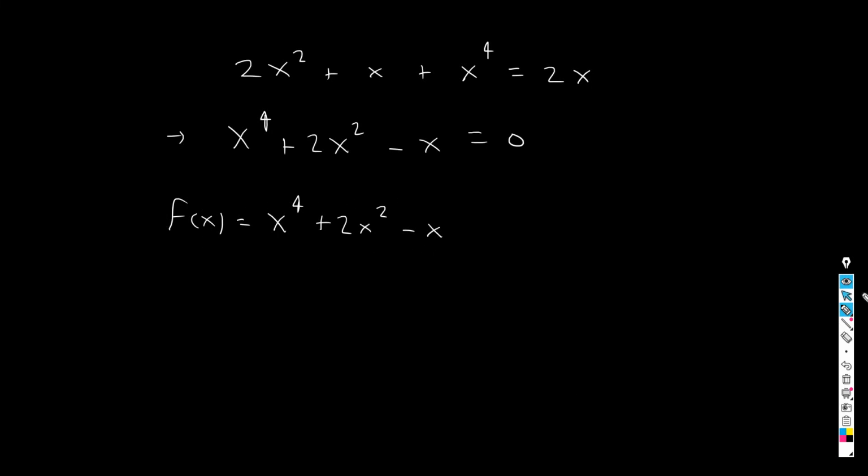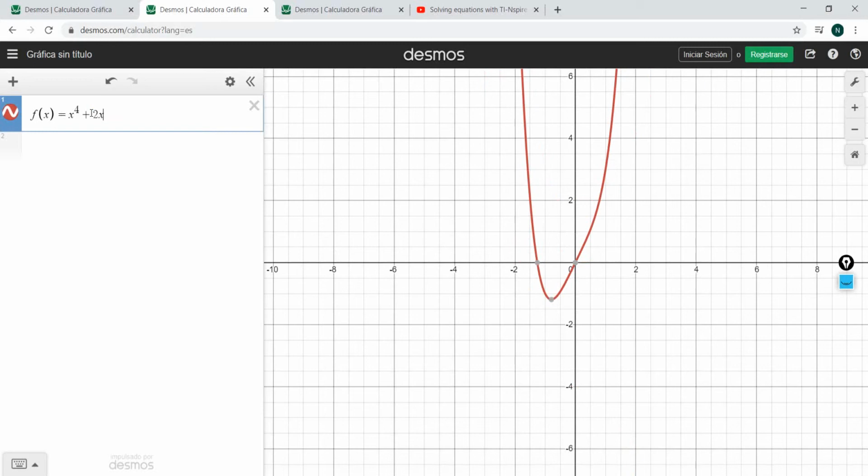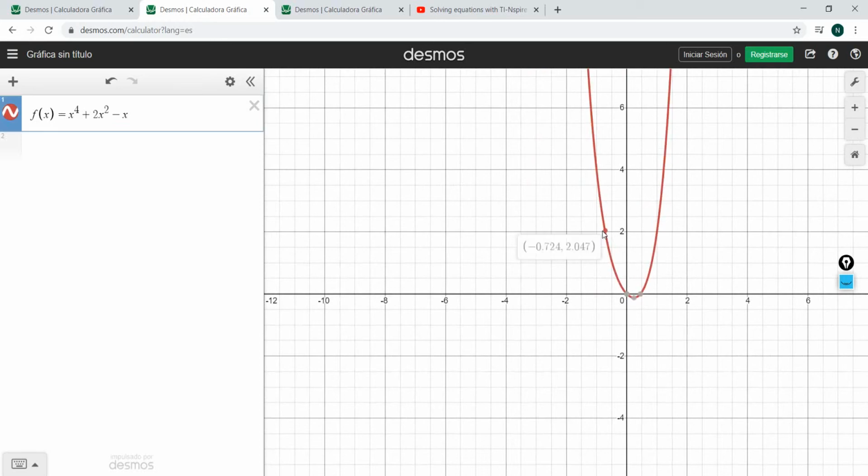Let's do it. x to the 4 plus 2x squared minus x. And as you can see, we have the graph of the function. We can see the zeros. Let's zoom in.